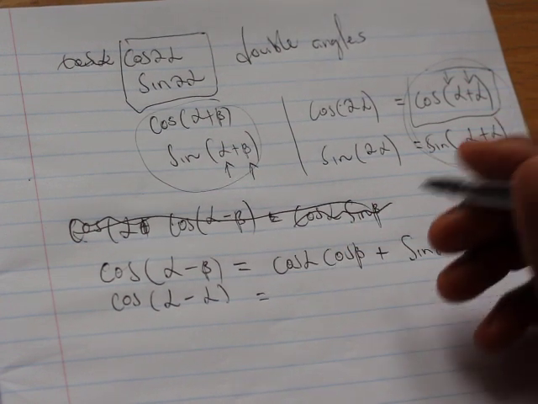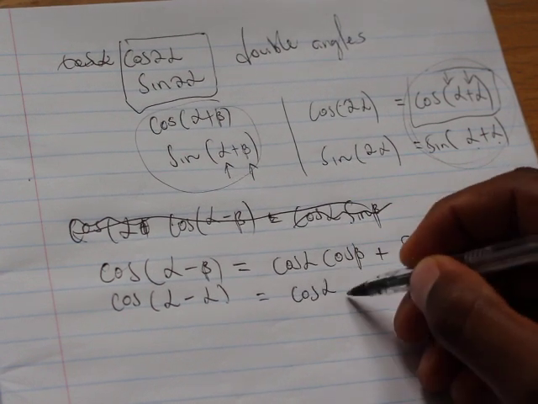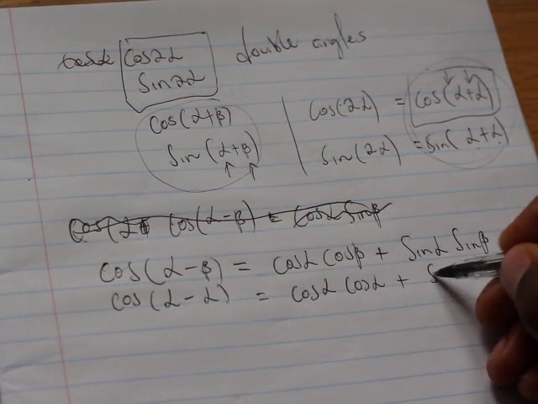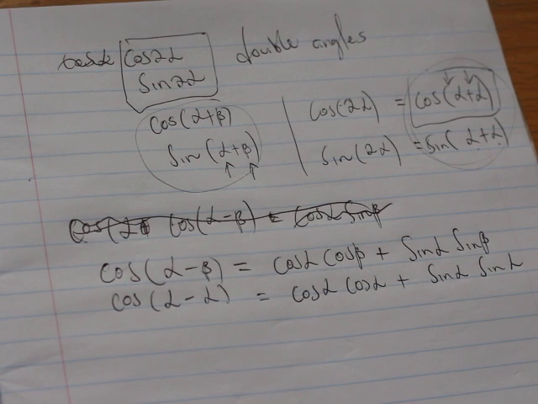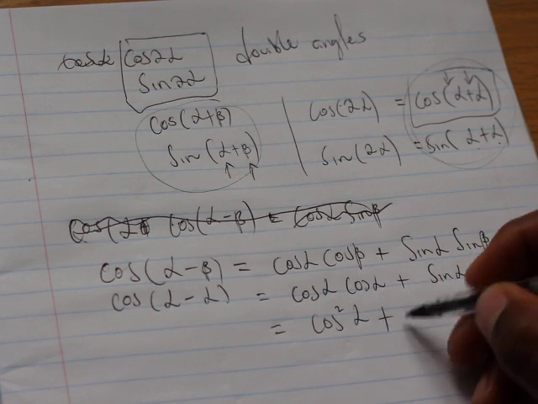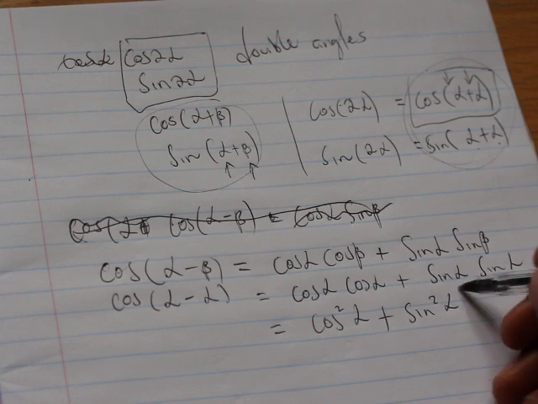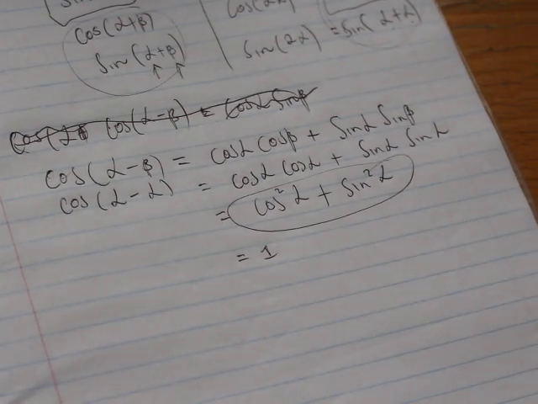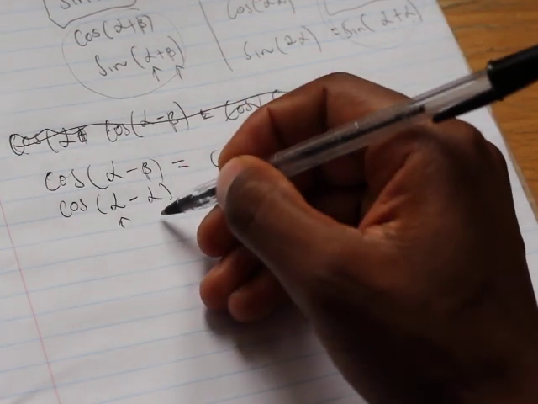It's probably going to give us the square identity. So cos alpha, because it's minus here, we say plus here, and then sine alpha. Okay, so what do we have? Cos squared alpha plus sine squared alpha, and this is just 1, isn't it? That is the square identity. So that's the case where the two angles are identical.